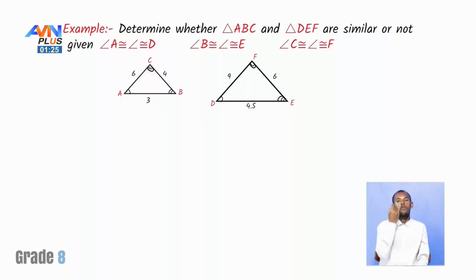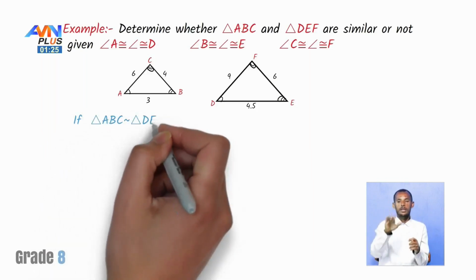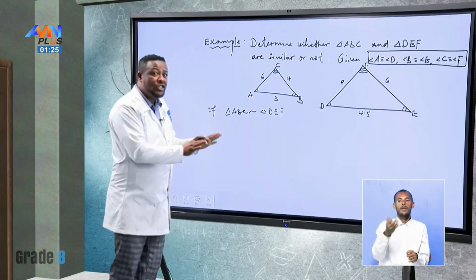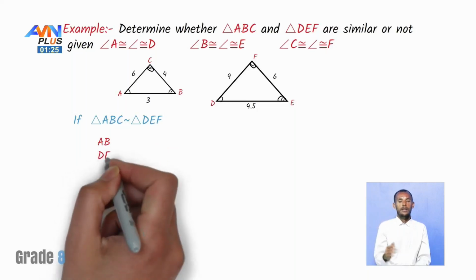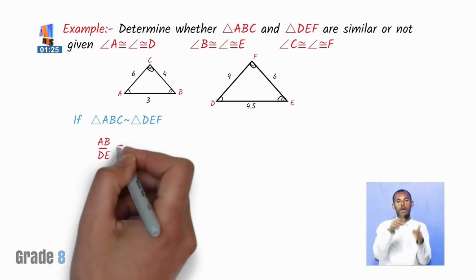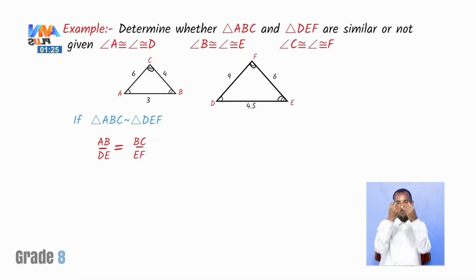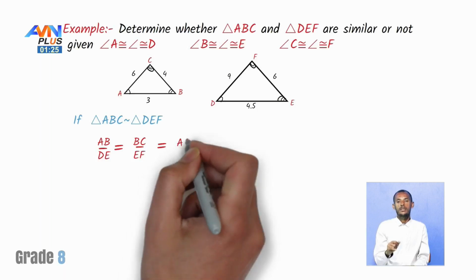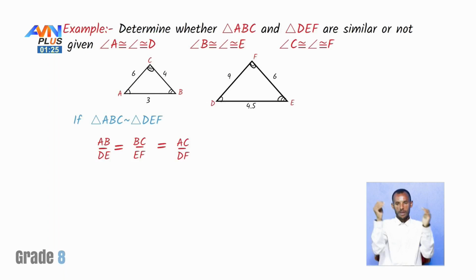Okay, if triangle ABC is similar to triangle DEF, the ratio of corresponding sides, AB over DE, must be the same as BC over EF, and the third pair of ratios, AC over DF.